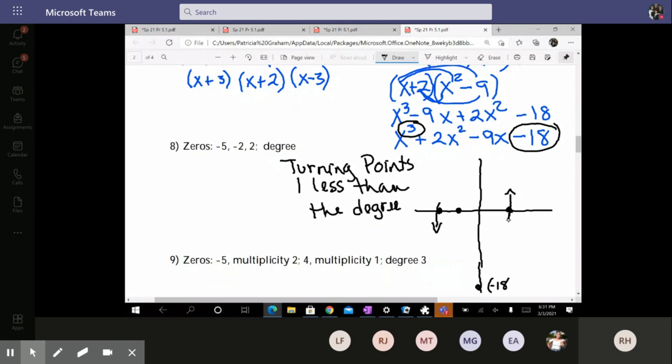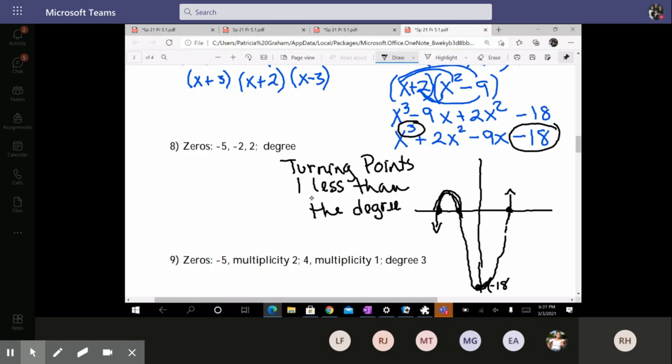So it's going to come down, and it's going to go down to negative 18 and come back up, cross over again at the negative 2, and I don't know how high up it's going to be. It's going to go up to 12 something, but then it's going to come back down.